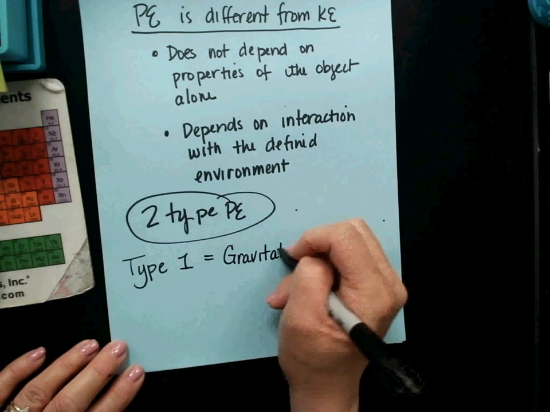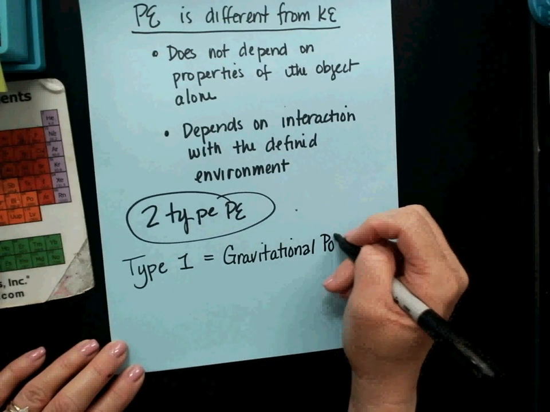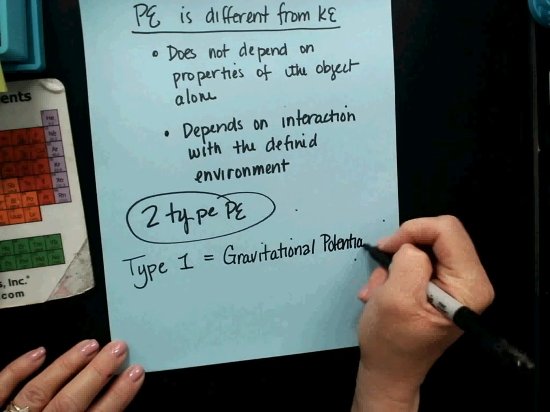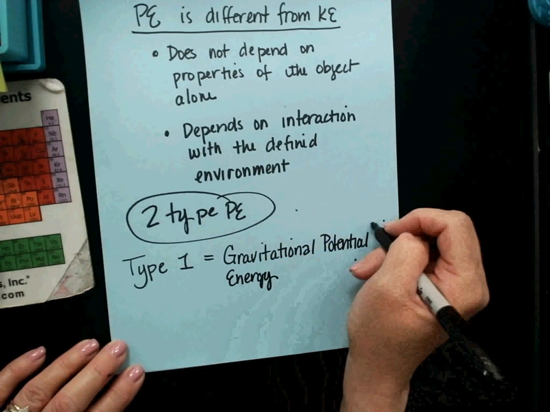Type 1 is called gravitational potential energy.